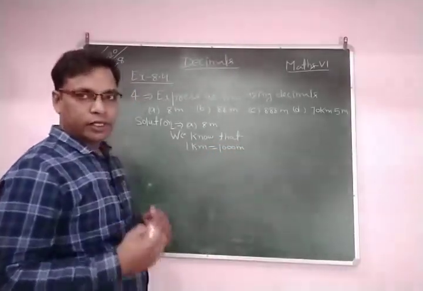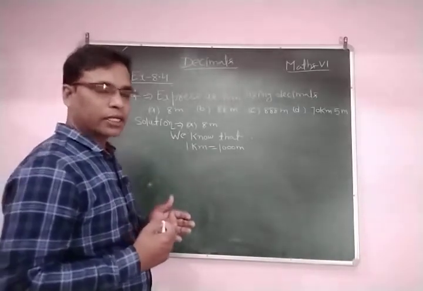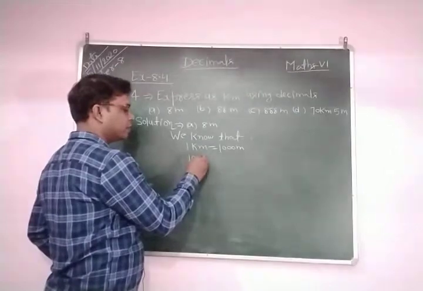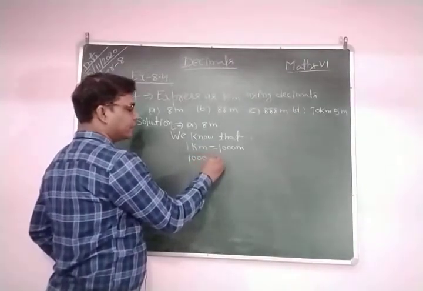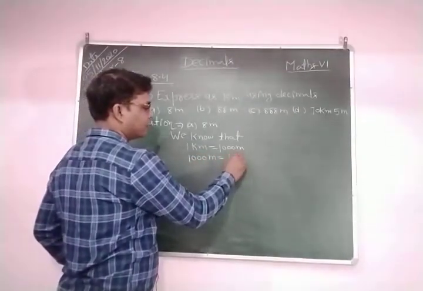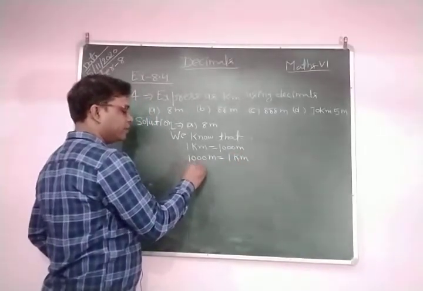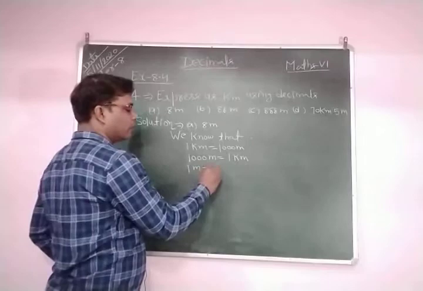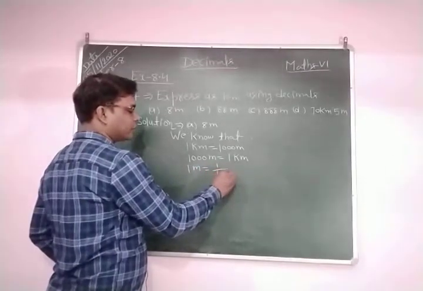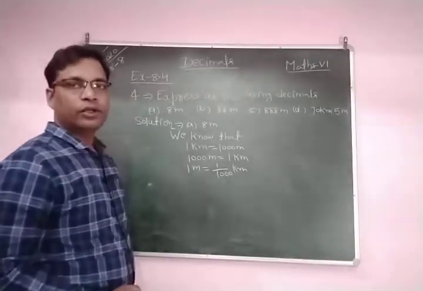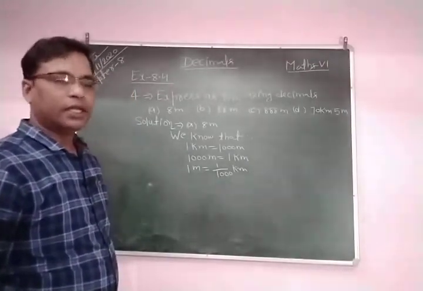But we need to convert meter into kilometer. So we can write here 1000 meter is equal to 1 kilometer, or we can write 1 meter is equal to 1 upon 1000 kilometers.